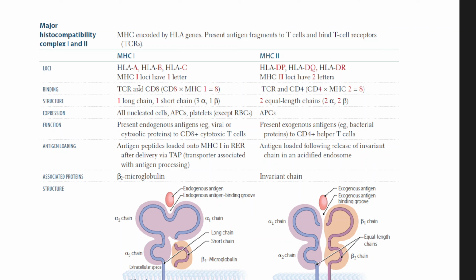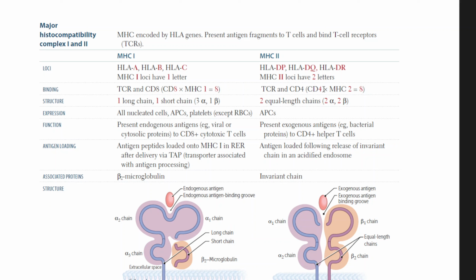The binding: MHC1 binds to TCR and CD8. Just remember, the one binds to the CD8. That's why they use this mnemonic here, telling you that CD8 binding to MHC1 is equal to 8.